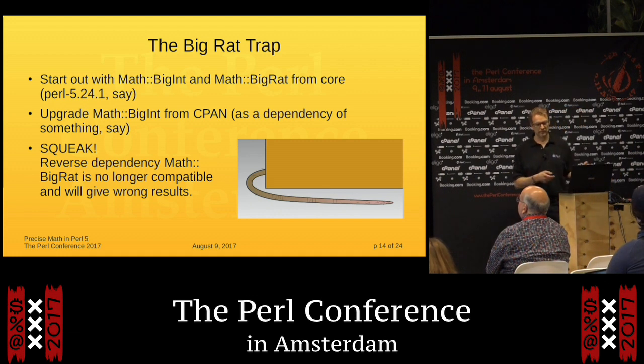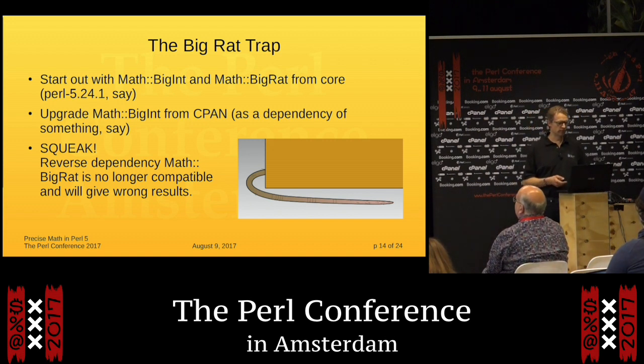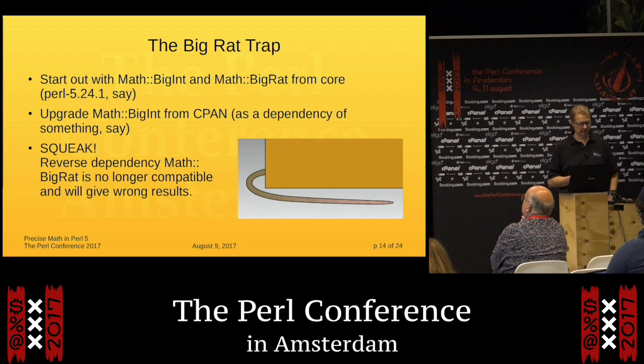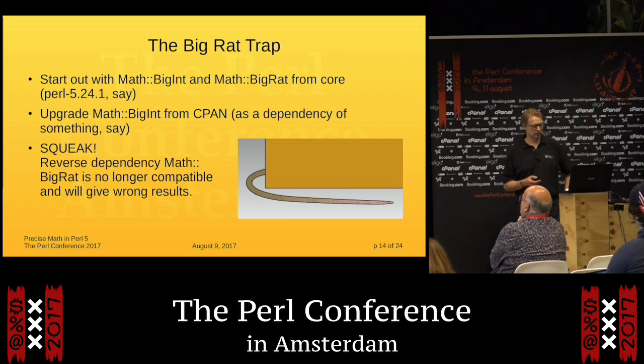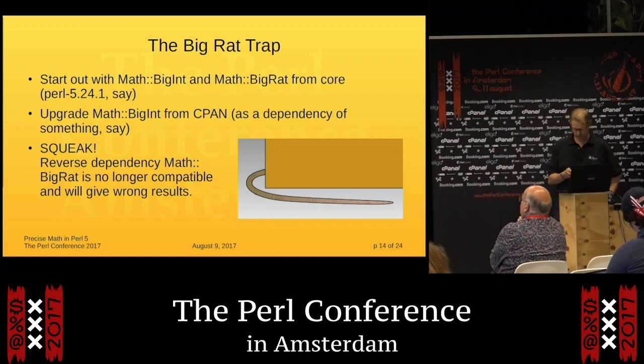Then, intentionally or not, you upgrade your Math::BigInt, and suddenly your Math::BigRat will stop working. But in a subtle, annoying way, not just core dump or break, it will silently give you wrong results.